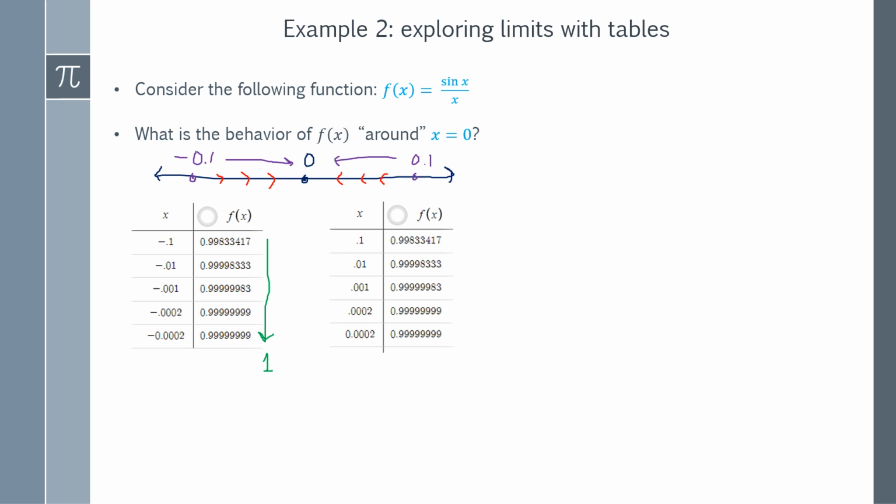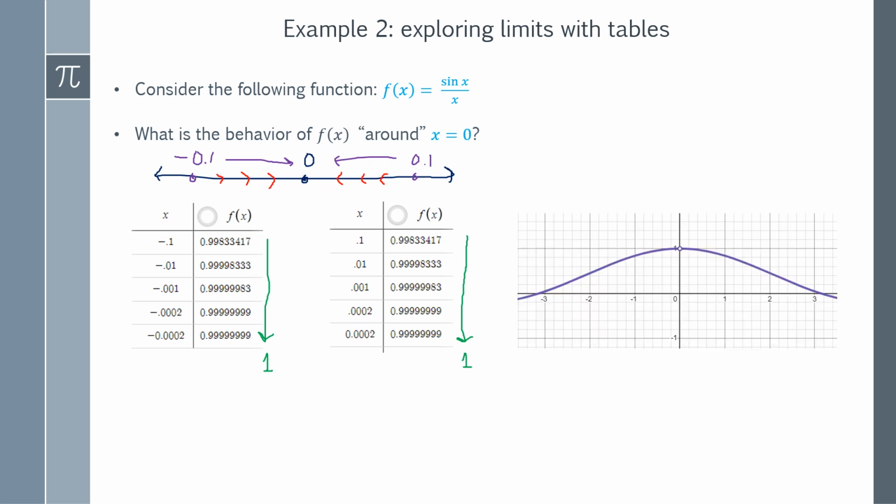You notice that we have a complete symmetry here. The values are exactly the same. So the values of f also go to 1. We can make a conjecture here that as we approach 0 from either side, the value of the function approaches 1. And if you were to graph this function, this is what it's going to look like.